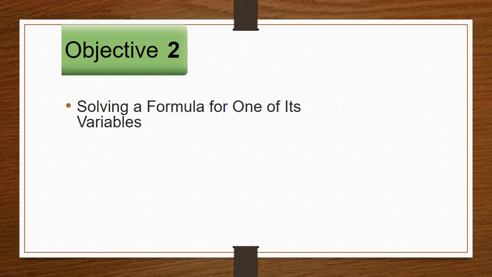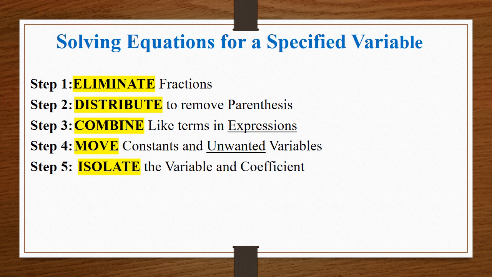All right. Solving for one variable is our last part of 2-5. Okay. So I call this our plan of attack. Notice how I have fighting kind of words. Step 1, eliminate the fraction. Step 2, distribute to remove parentheses. Step 3, combine like terms.